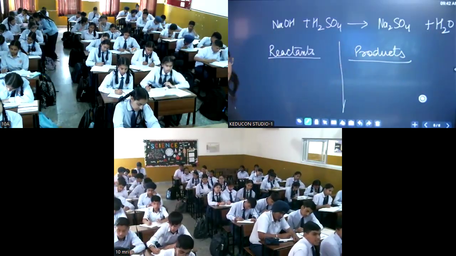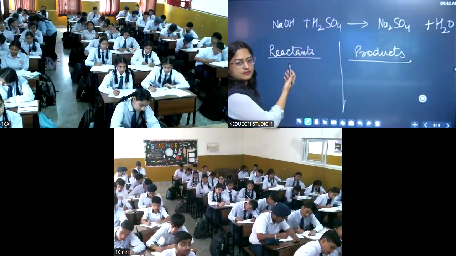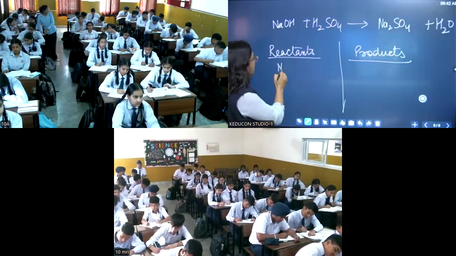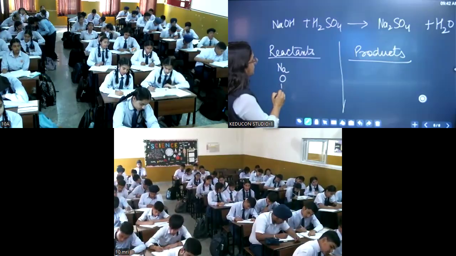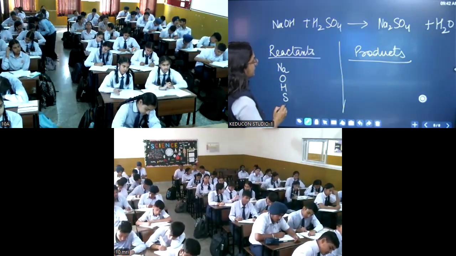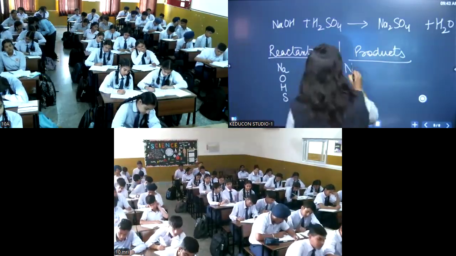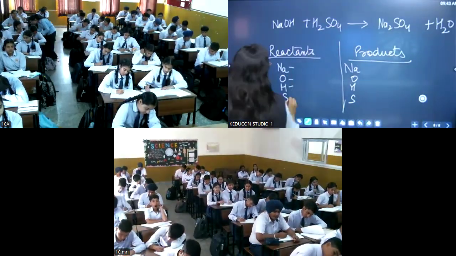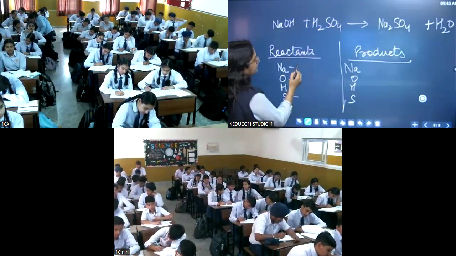Okay. Tell me, what atom should I write first? Go in sequence. Na. Right. Next element? Oxygen. Hydrogen. Sulfur. Oxygen done. Right? So here also we have sodium, oxygen, hydrogen, and sulfur. The number of atoms we already have: Sodium, 1.